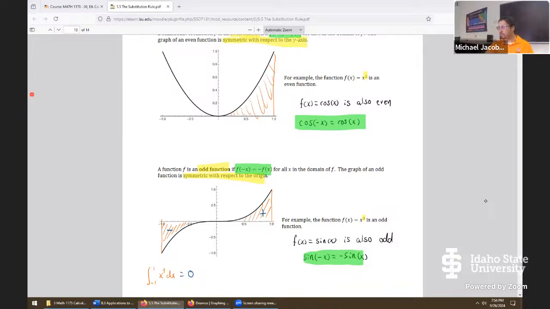Grab the pen tool right quick. So on this one, if we integrate from -1 to +1 of the function x squared dx, we can say it's 2 times the integral from 0 to 1 of x squared dx. So that's the nice formula where we're cutting the interval in half and just integrating from 0 to 1.